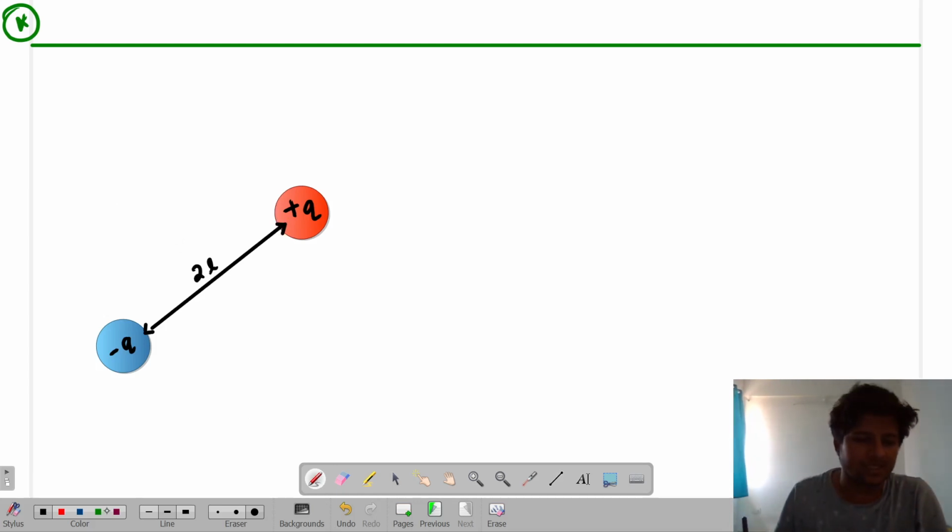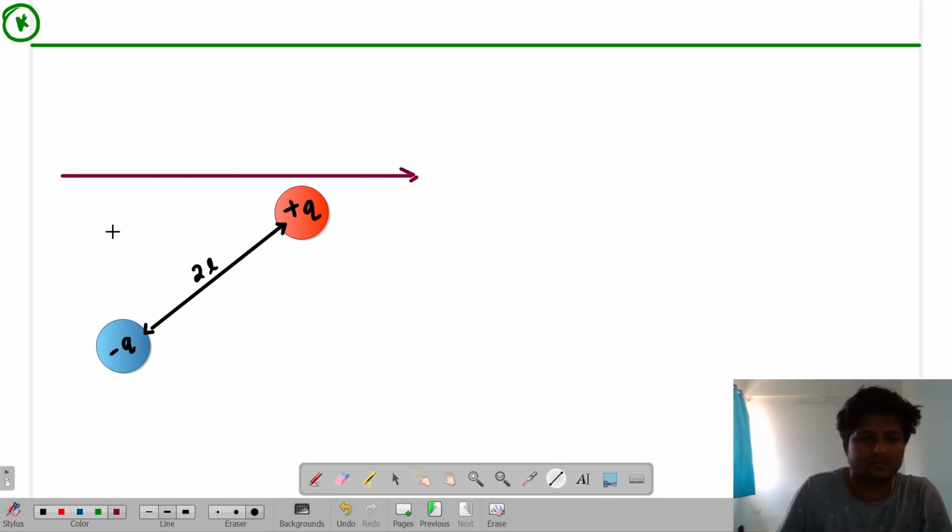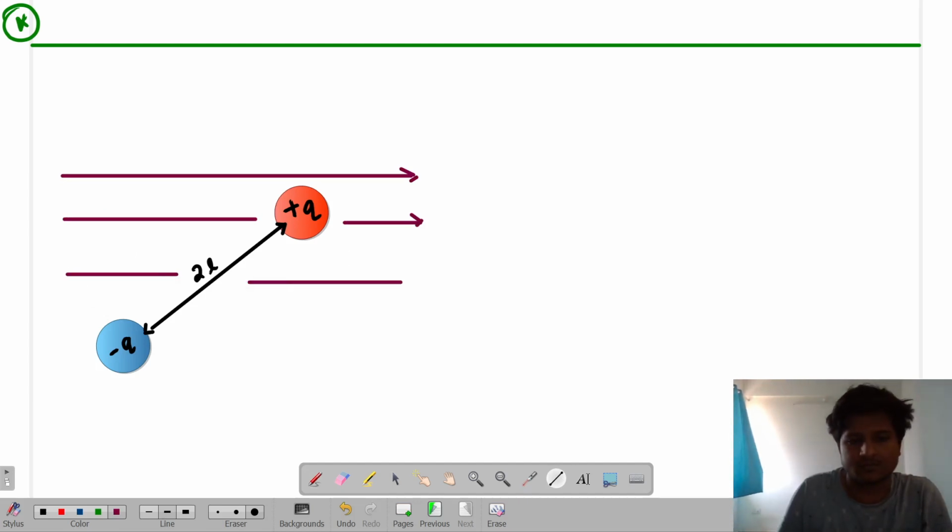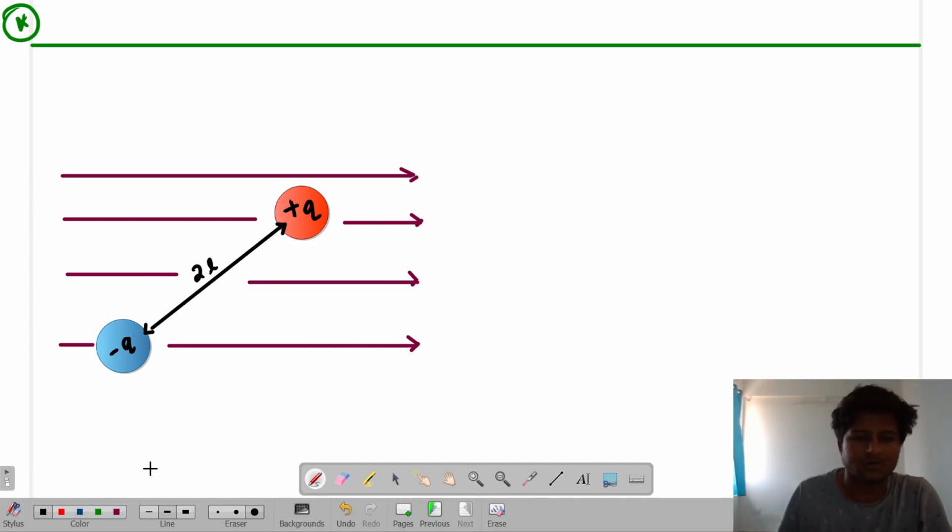Let's suppose I create one electric field like this way. Tell me, in which direction is the force on plus q? If this is my direction of electric field, the charge plus q will feel the force in the same direction as the electric field, F is equal to qE.